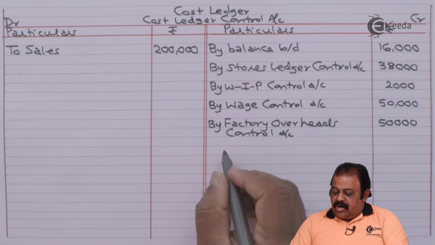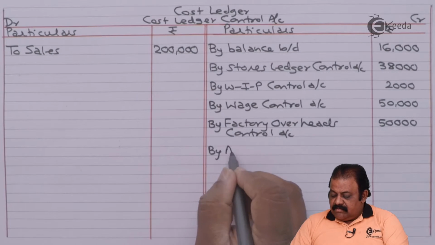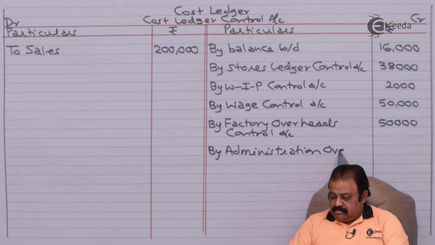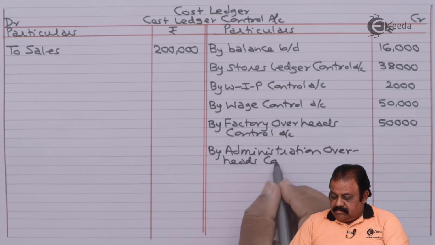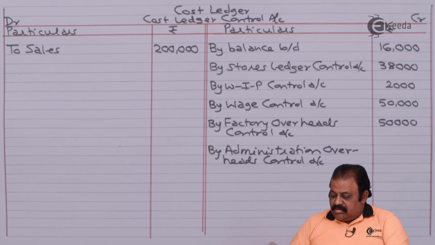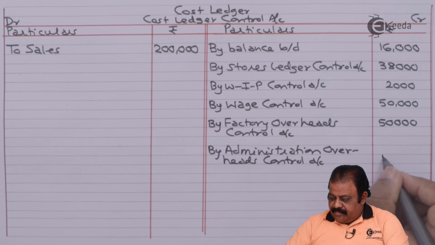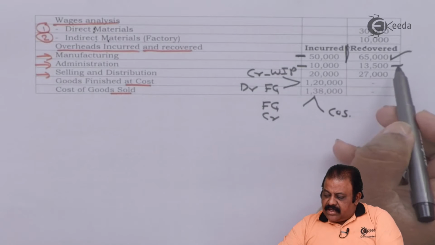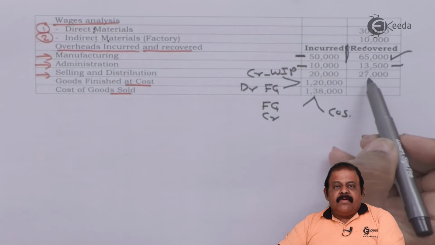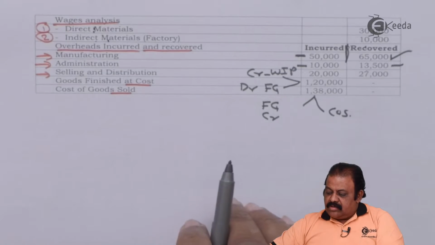In cost ledger control account credit side, by administration overheads control account, administration overheads recovered 13,500. This will be credited to administration overheads control account.